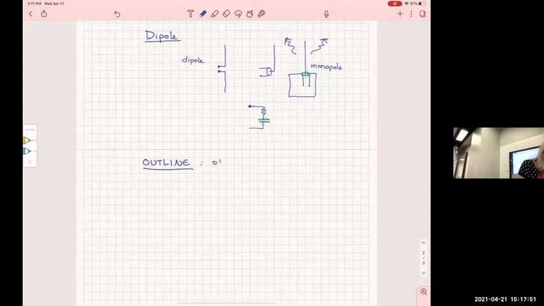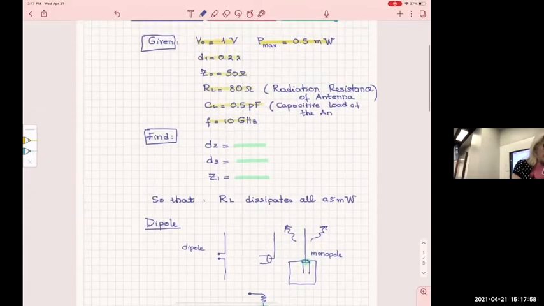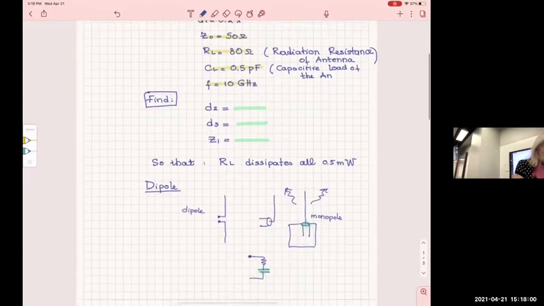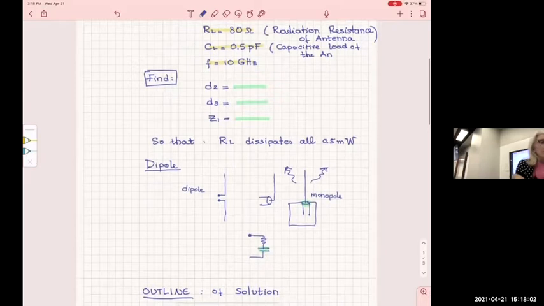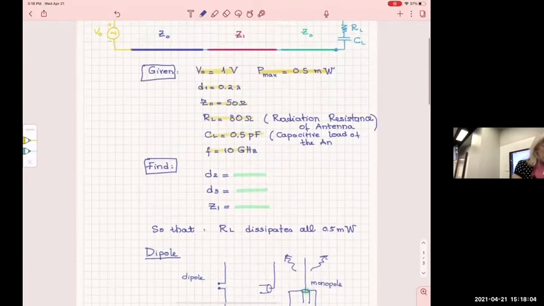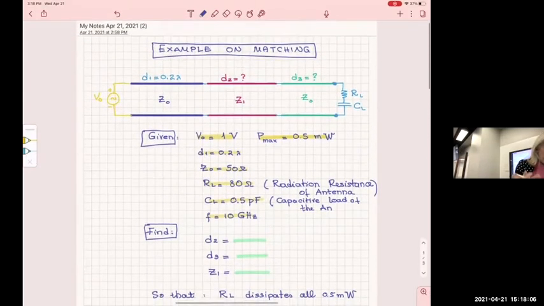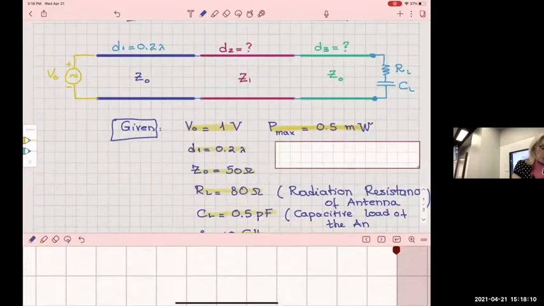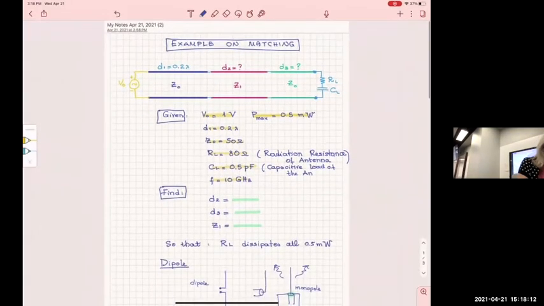At this moment, I will ask you, as I will do in the final, to solve this problem using a Smith chart. When I tell you to find the matching condition here, I will specifically say, use a Smith chart.